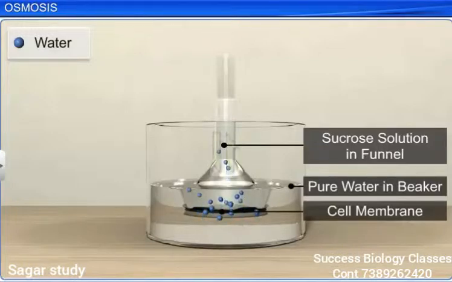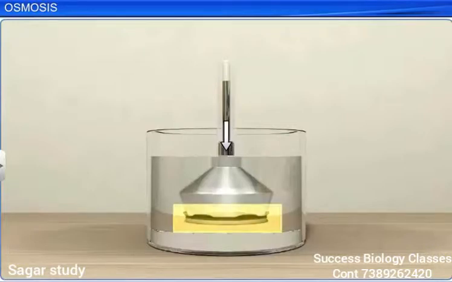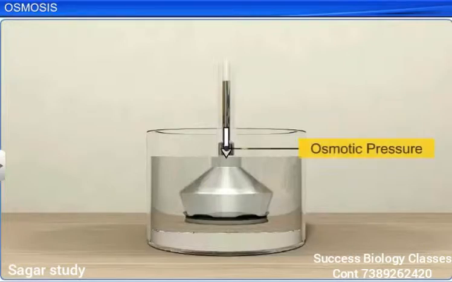This water movement will continue till both solutions in the funnel and beaker achieve equilibrium. Now we can apply external pressure to the upper part of the funnel so that no water diffuses from beaker to funnel through the membrane. This external pressure, required to prevent the water from diffusing, is known as osmotic pressure.